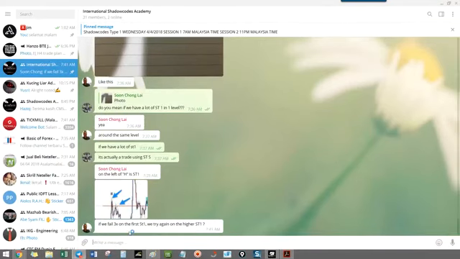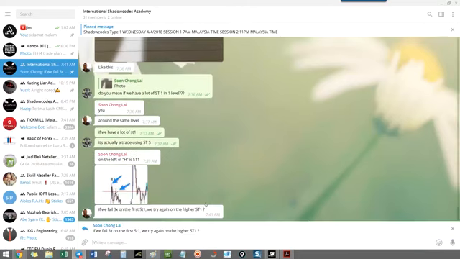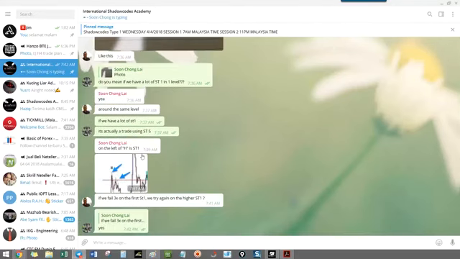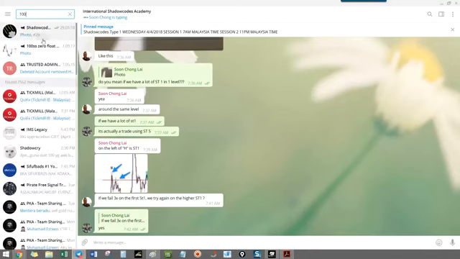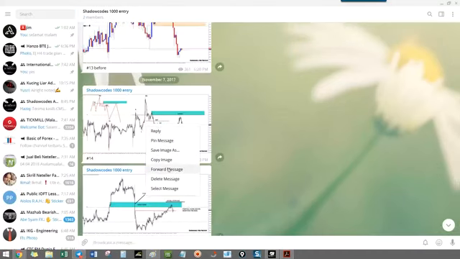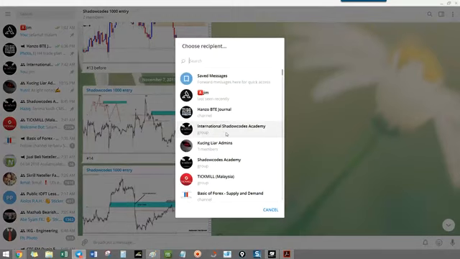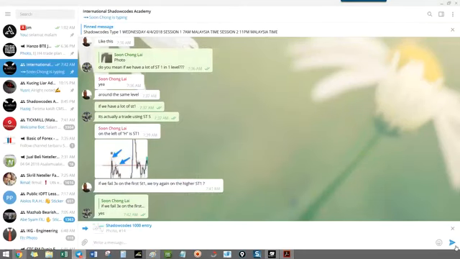That's why chapter 5 is only an add-on. If we fail 3 times on ST1, we try again on higher ST1. If it fails 3 times, yes. Okay. So for example, 1000. Okay, you just need to forward that. Forward. It's easier. Okay.